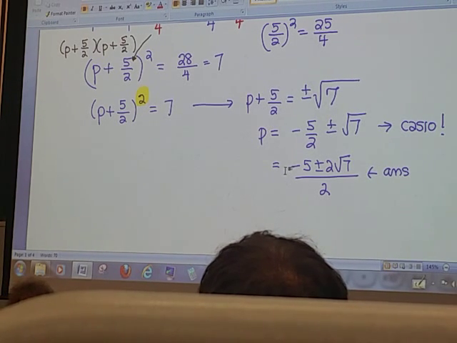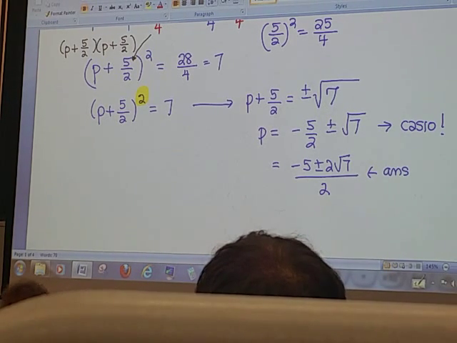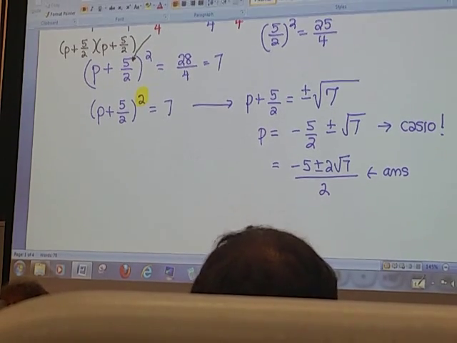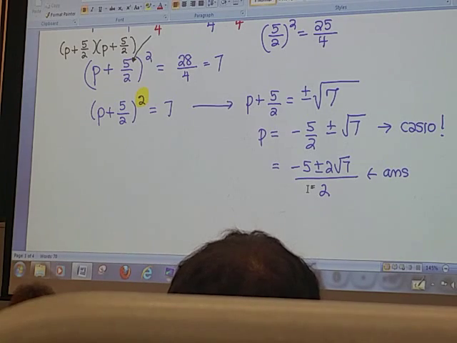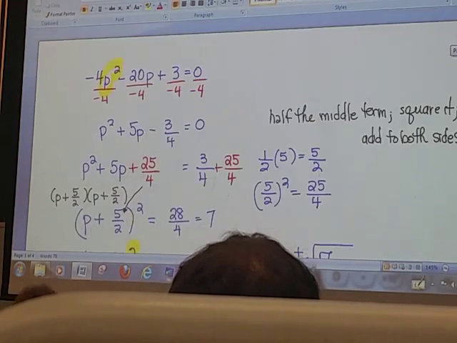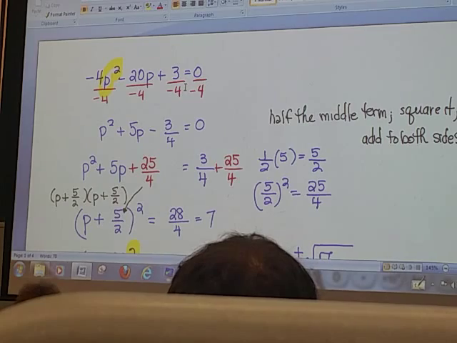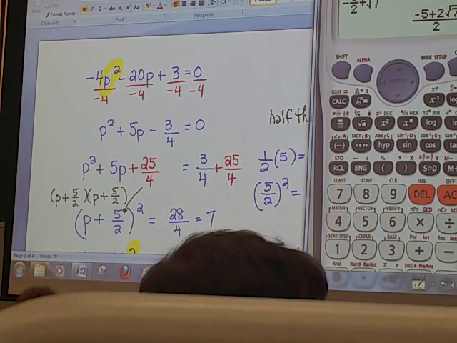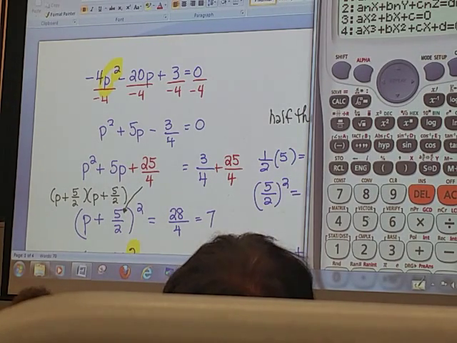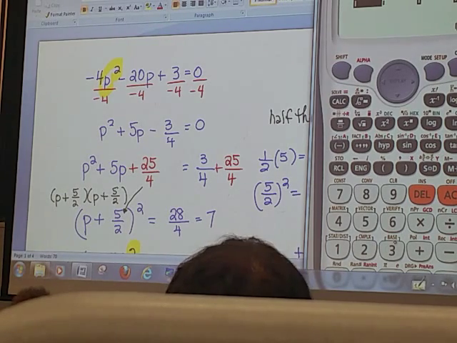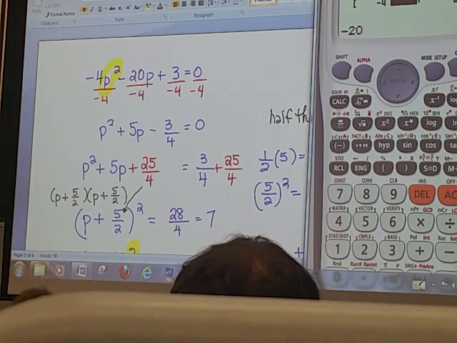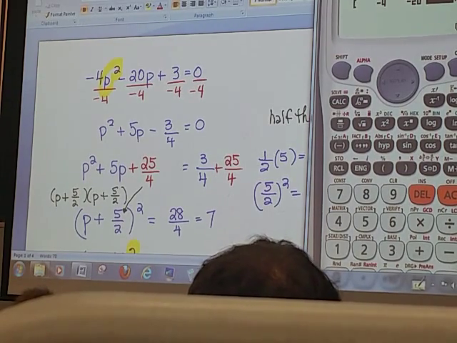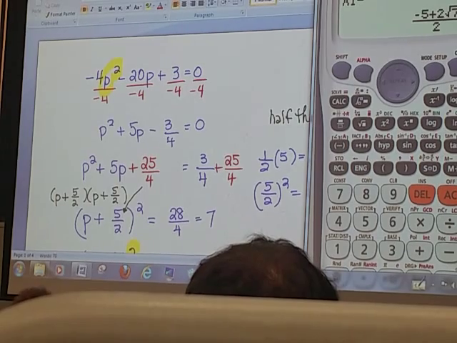In other words, every single person in here who has a Casio, which hopefully is all of you, but there will be holdouts, should know immediately that's the answer you're going to get. Because you can type it in directly from exactly the first line. You can just go mode, equation, number 3, -4 in front of the square term, -20 in front of the first-degree term, 3 for the constant, and there are 2 answers.